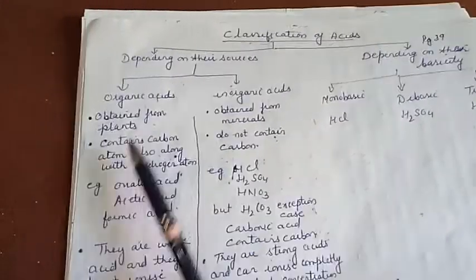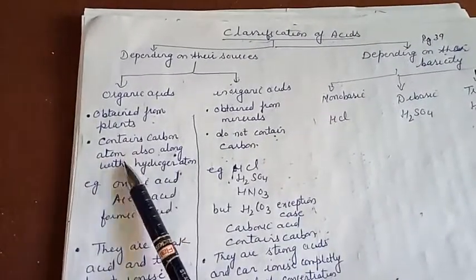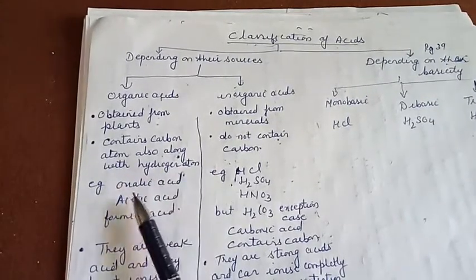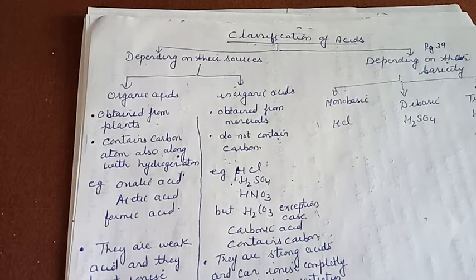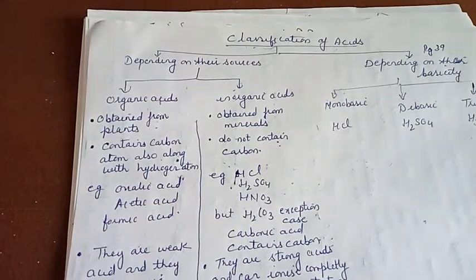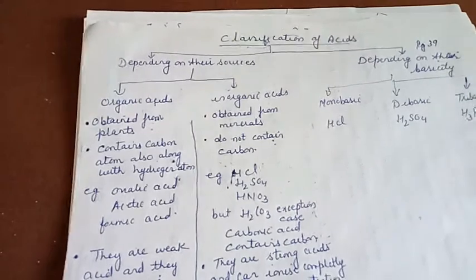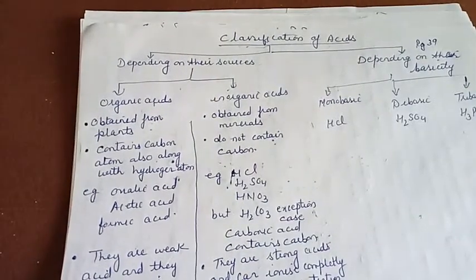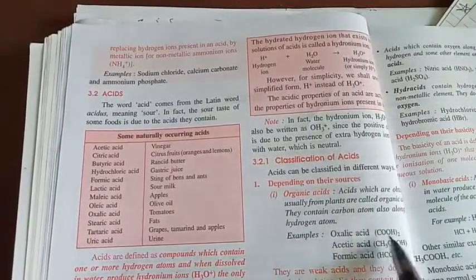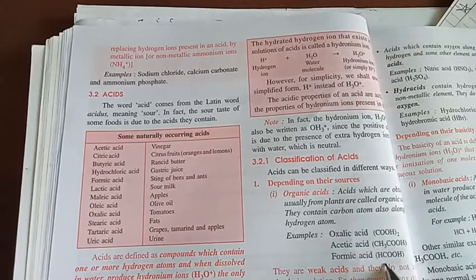Organic acids contain carbon atoms along with hydrogen atoms, like oxalic acid, acetic acid, formic acid. Let me show you the formulas of oxalic acid and carbonic acid. See the formulas of oxalic acid, acetic acid, formic acid. So in these acids carbon is there.